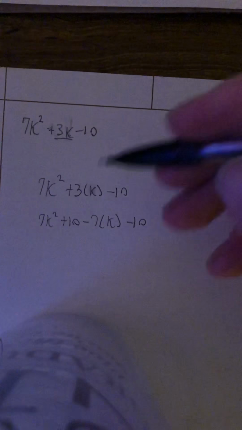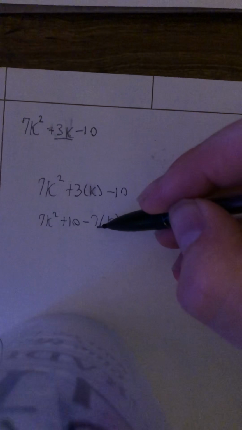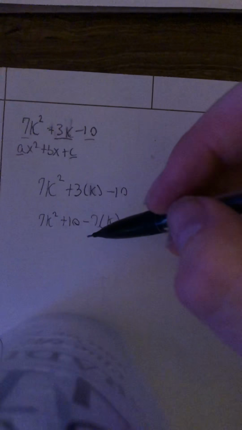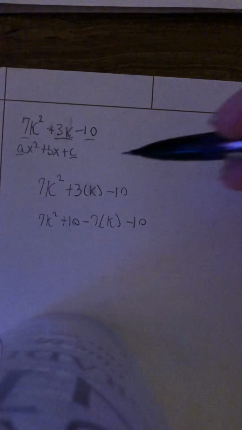The other thing that needs to be noted is the reason why I picked 10 and negative 7 is because if you take this term and this term, this is your a term by the way, ax squared plus bx plus c. If you take your a term and multiply it by your c term, you get negative 70, and you would need to come back to that, which we did.